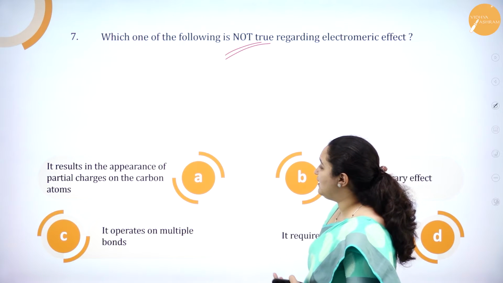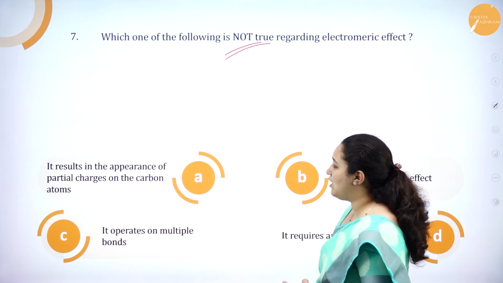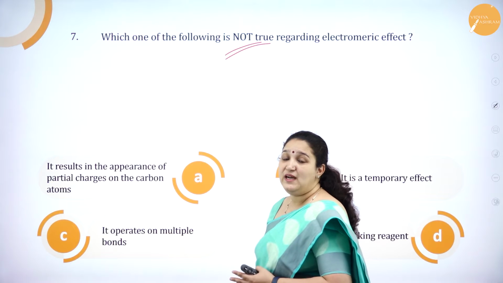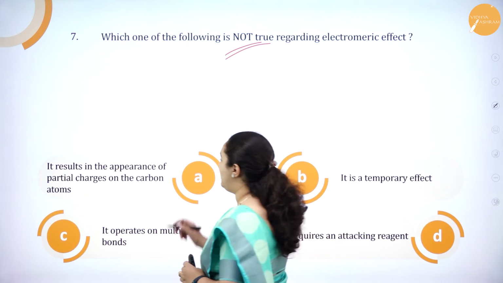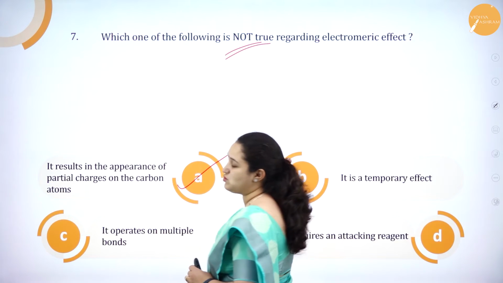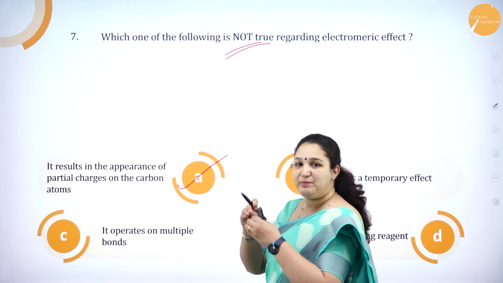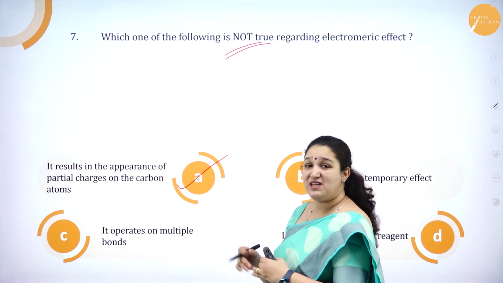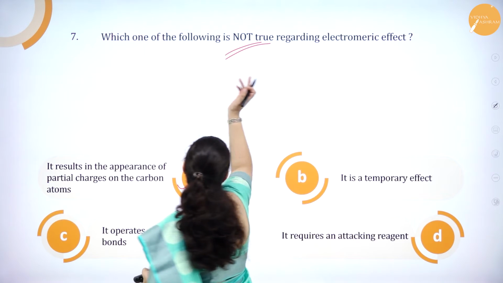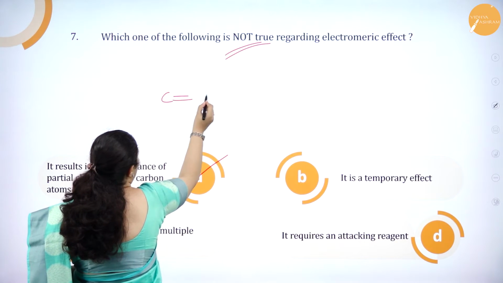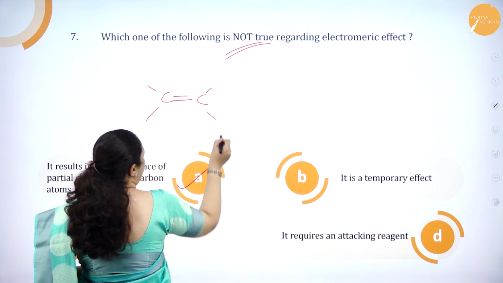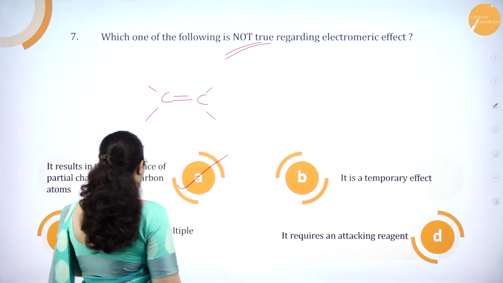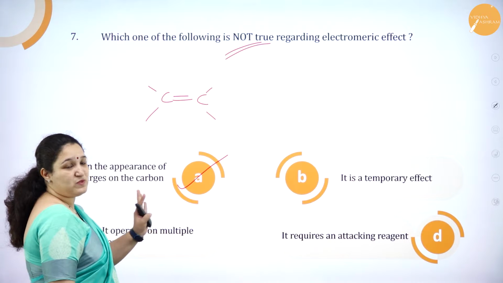It results in appearance of partial charge on the carbon atom. It is not a partial charge which comes on the carbon atom. Complete pi electron is the one which is getting transferred, isn't it? So it is complete charge which is coming. See, it is electromeric effect, where there is a double bond. It's a temporary effect, it requires an attacking agent, and it operates on multiple bond, which is absolutely right.